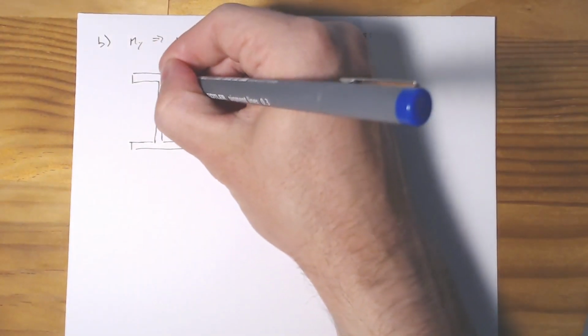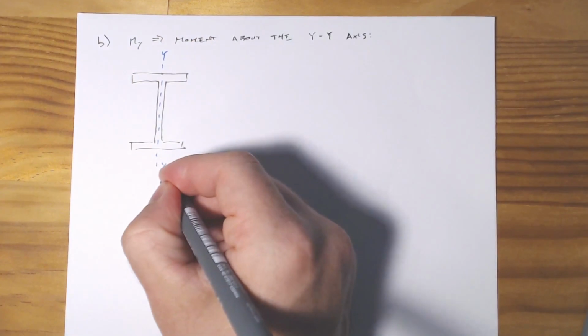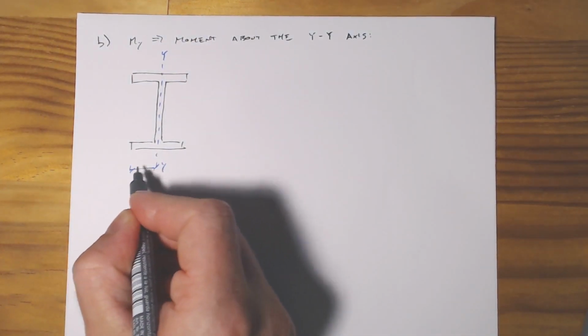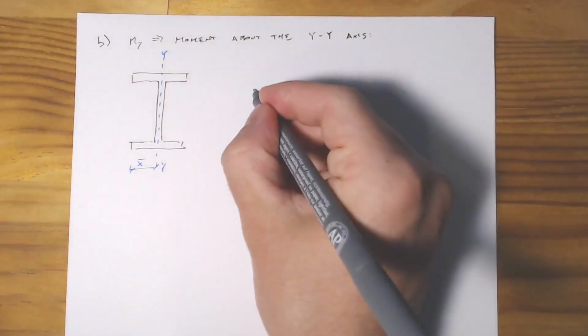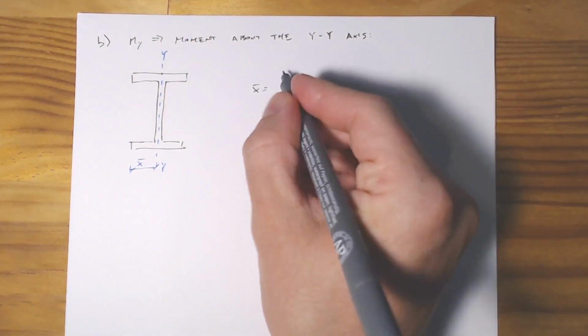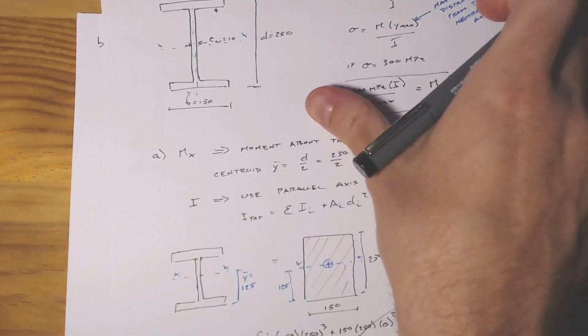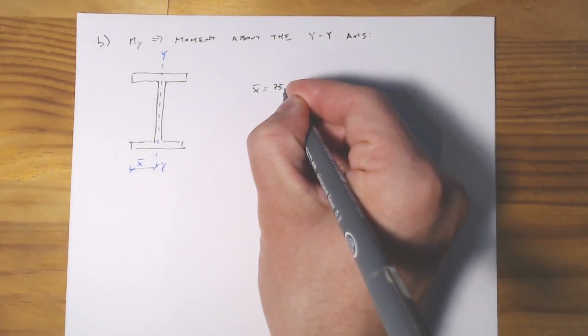And so if we're drawing our y-axis down the centroid, we know, again just through symmetry, that x bar equals 150 divided by 2 equals 75 millimeters.